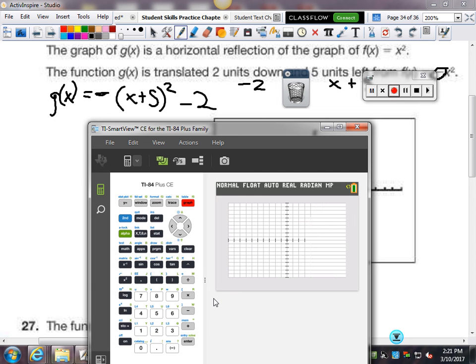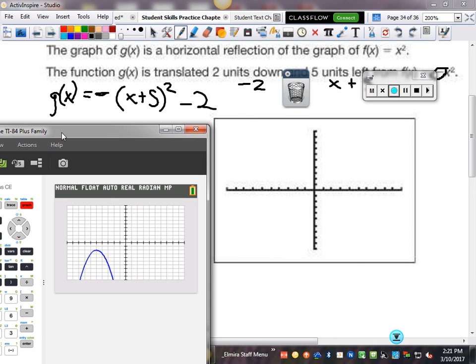So what you're going to do is look at it on your screen and just say, okay, so maybe I can see that the vertex is 1, 2, 3, 4, 5, so negative 5, negative 2, something like that.